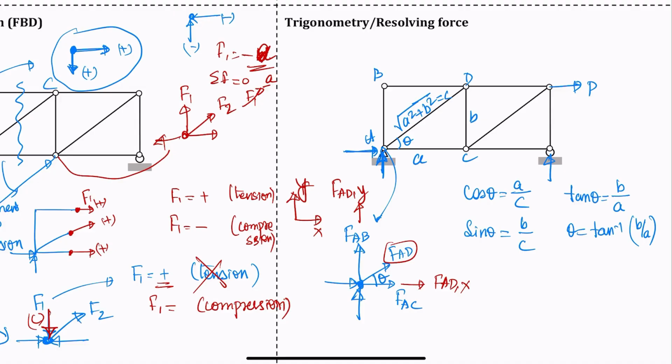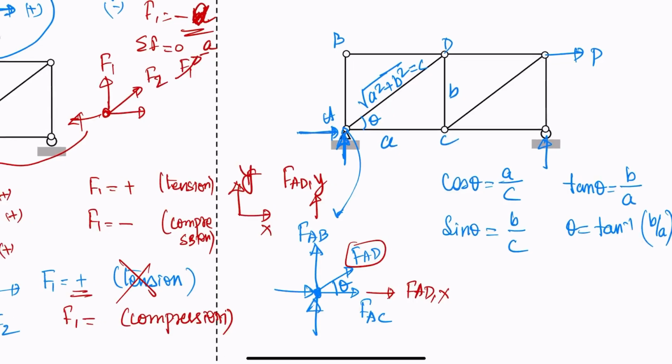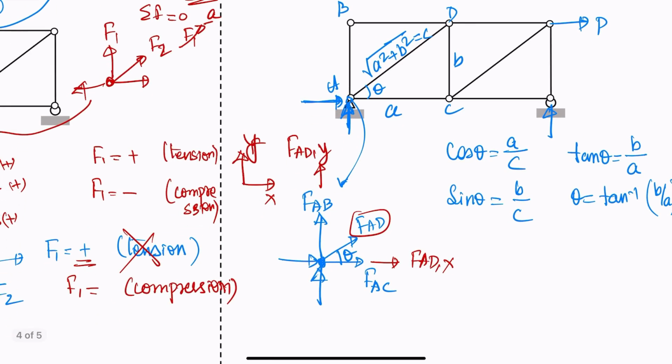Okay, so once we find the FADX and FADY components, how do we know what is FADX? Why do we know that FADX is cos theta, and how do you know that FADY is sine theta? Always look at this angle. We always take this angle with respect to x. These are all corresponding angles, similar angles, so we know that all this theta will be the same.